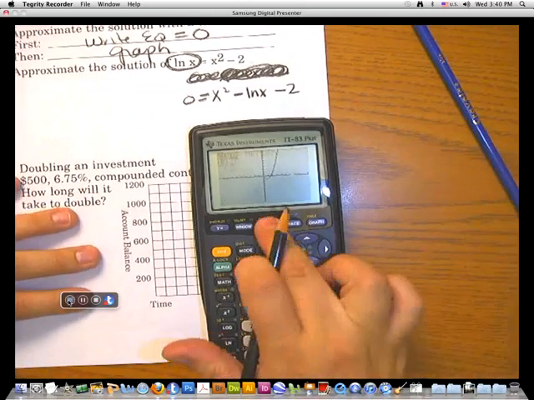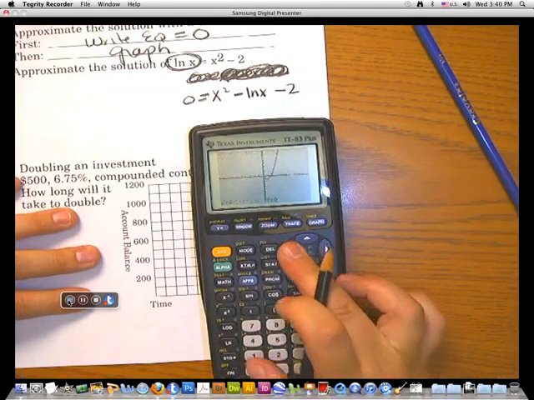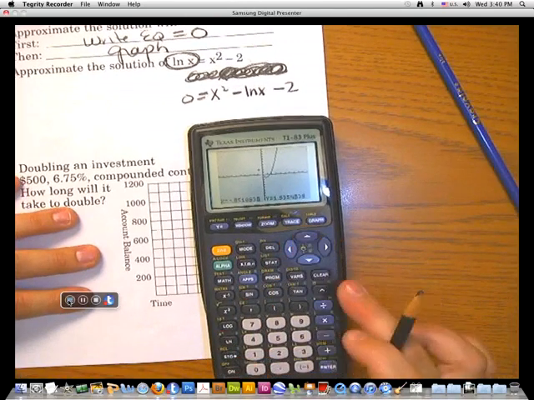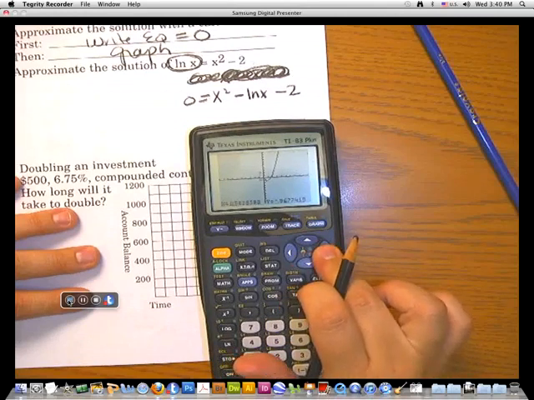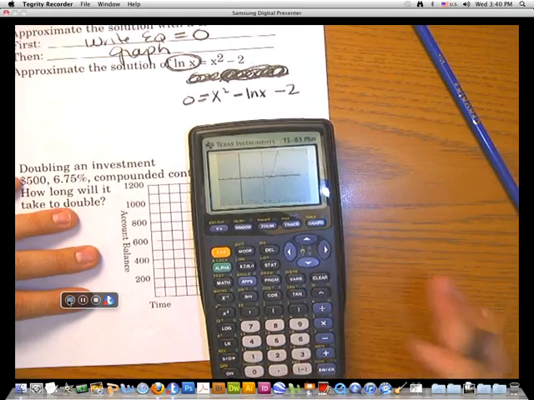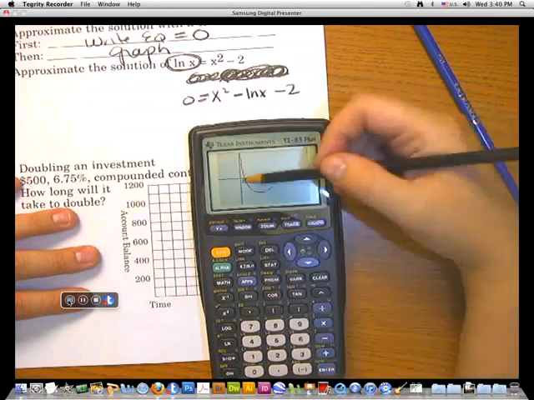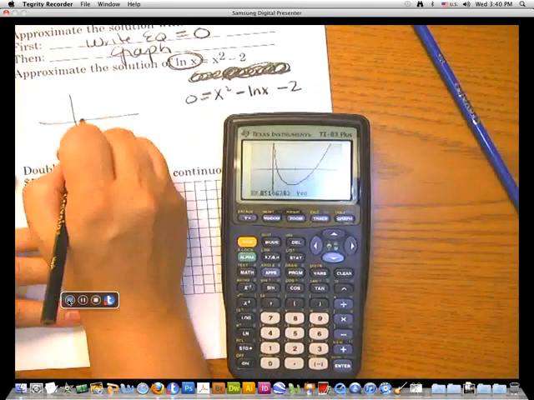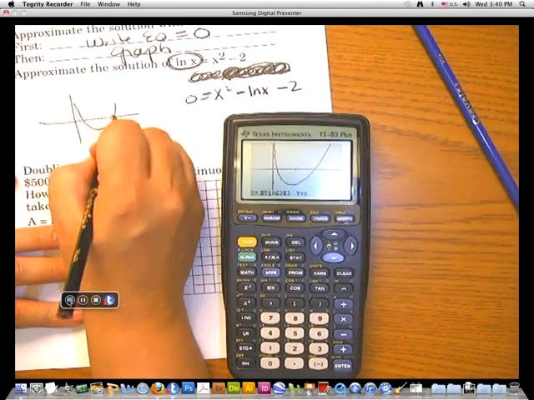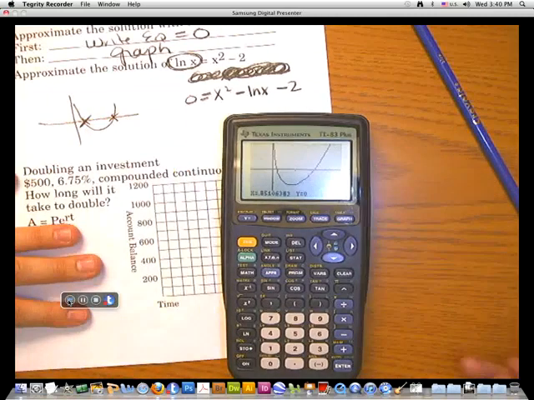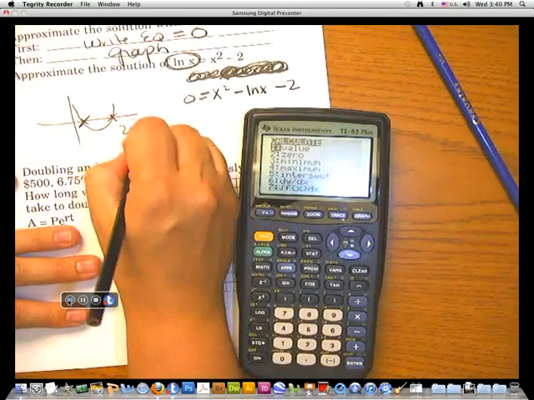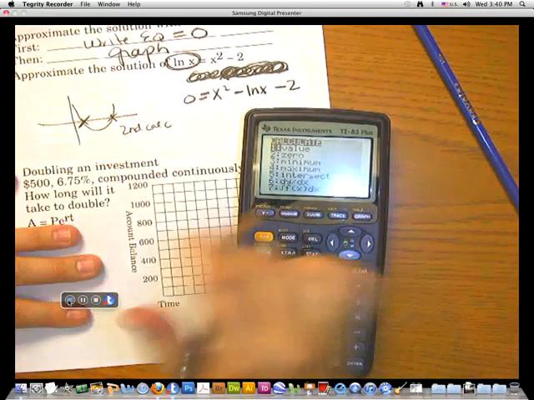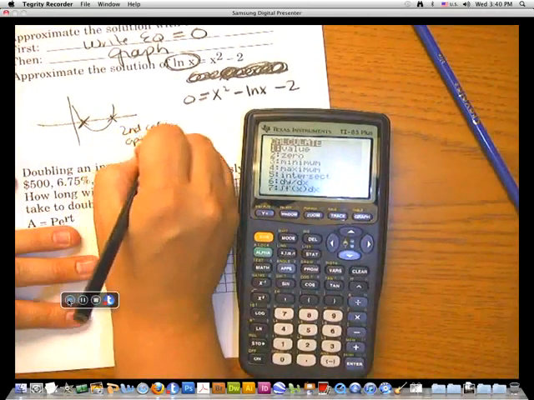And we do see, if I wanted to zoom in here so I could see things a little bit clearer, because I am interested in the solutions, and solutions are x-intercepts. I do see that I get 2 of them, and it's a matter of second calculate, 0, option 2.